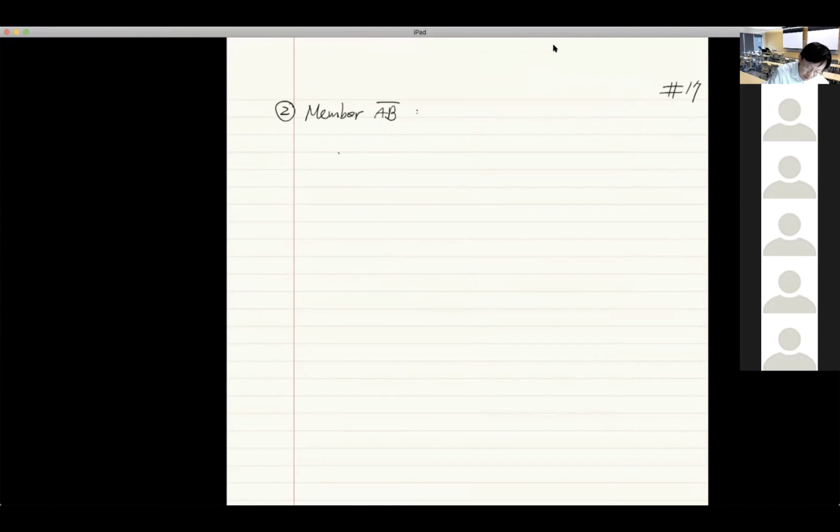And member AB is like this. We want to know what forces we have acting on this member AB. So here we have A here, B here, and we know the angle is θ1, right? That we know.